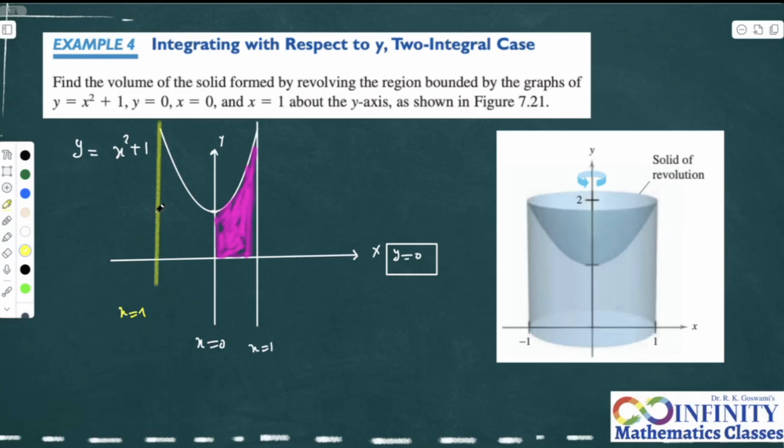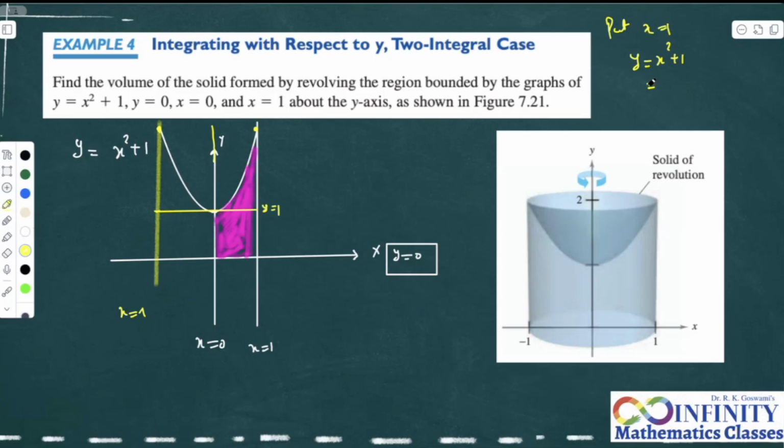For the moment, this line is representing y equals 1. Can we somehow find the top limit? What may be the point of intersection here? Let me put x equals 1 in the given curve.